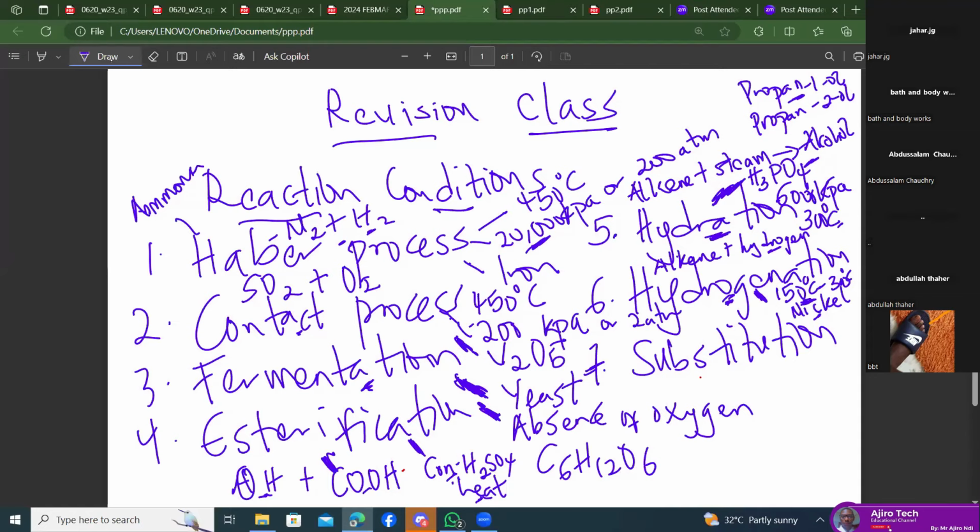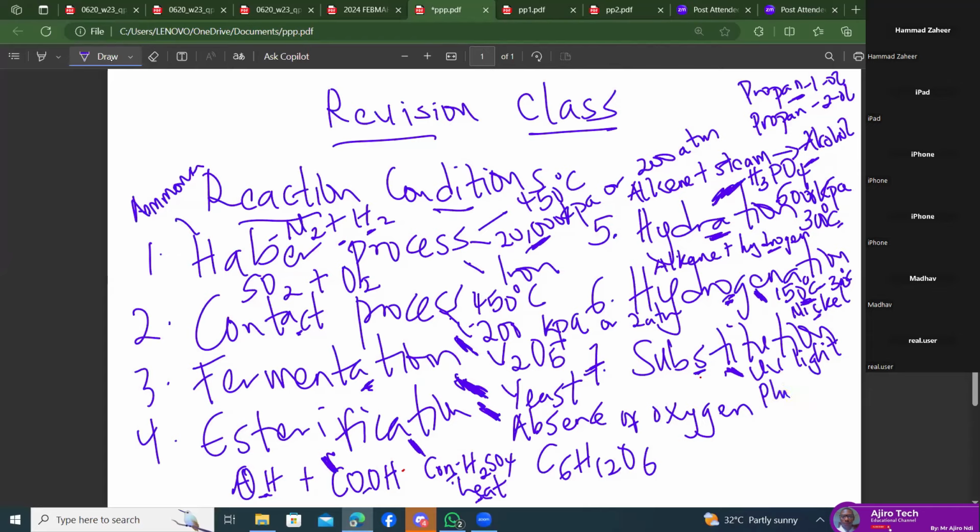All right, now let's talk about substitution. Now for substitution, it has to do with alkanes. Alkanes undergo substitution, or we call it chlorination, basically. And this reaction takes place in the presence of UV light, and that makes it a photochemical reaction. Any reaction that takes place in the presence of UV light is a photochemical reaction.